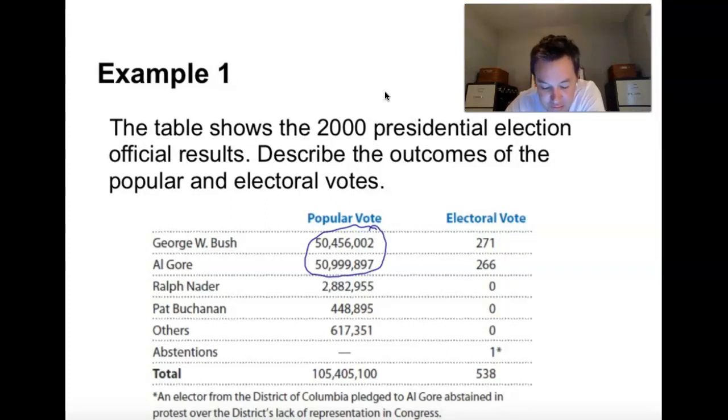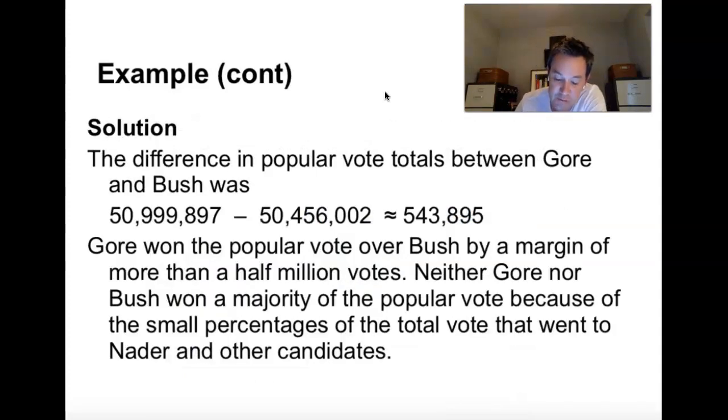in the year 2000, the popular vote was very close between George W. Bush and Al Gore, although Al Gore actually won more of the popular vote. 543,895 more. So Gore won the popular vote over Bush by more than 500,000 votes.